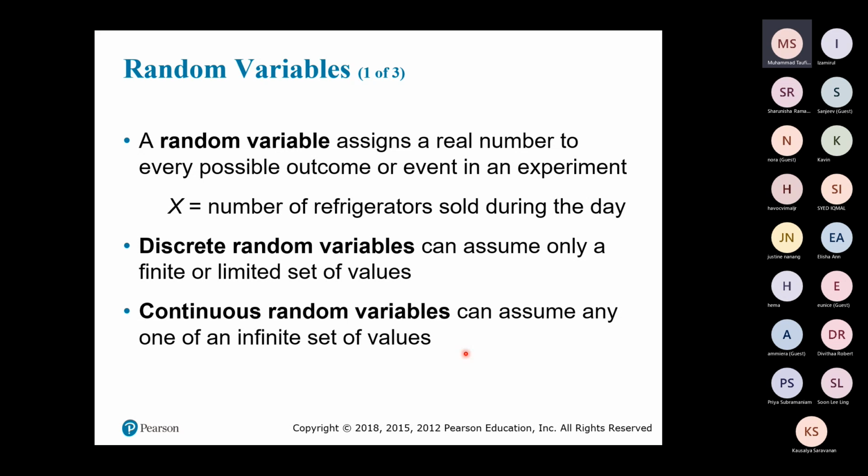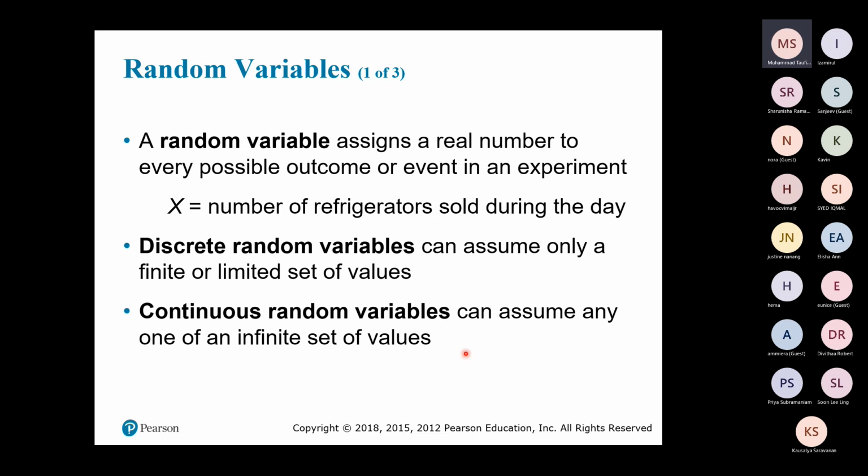Value dia bergantung kepada jumlah sales yang awak nak capai. Kemudian mungkin juga dia akan bergantung kepada beberapa condition lah. Itu yang kita panggil sebagai random variables, pemboleh ubah rawak. Dia berubah-ubah dan bergantung kepada kondisi yang kita setkan. So it will depend on the condition that we set.